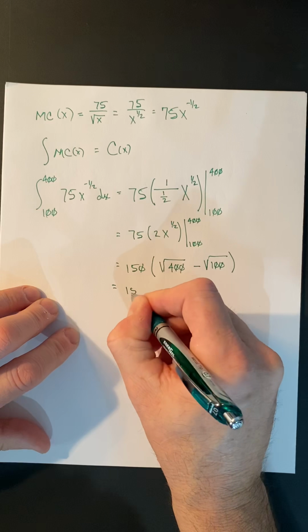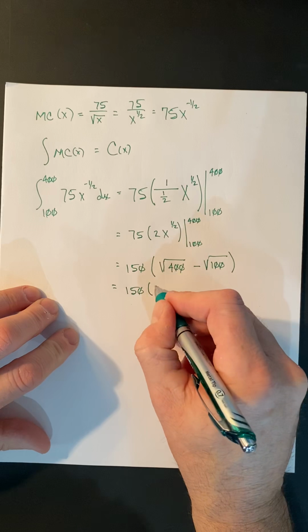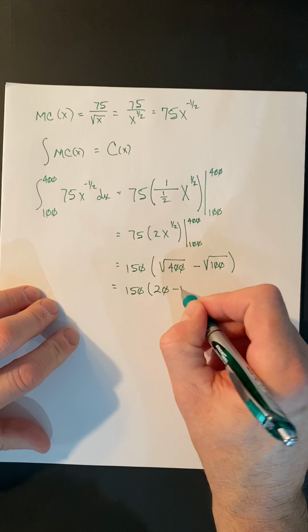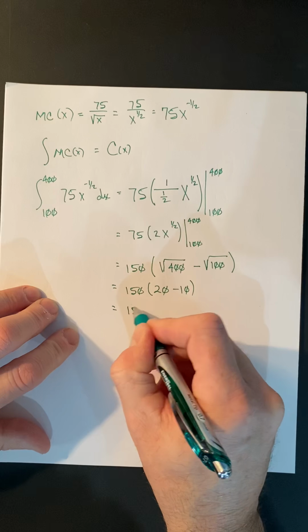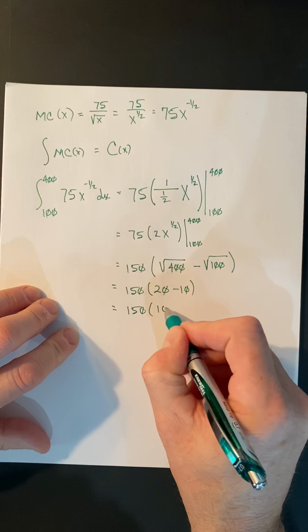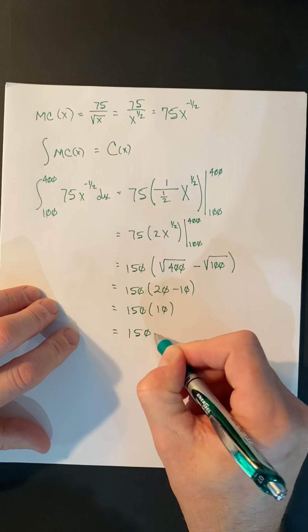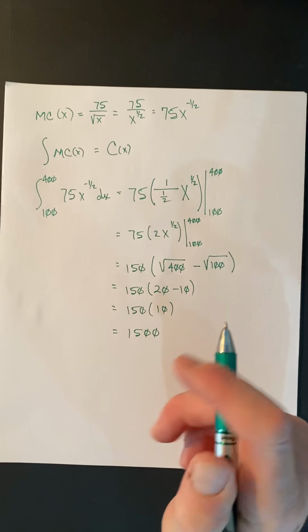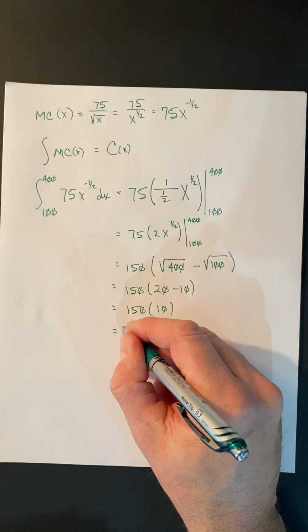So I have 150 times square root of 400 is 20. The square root of 100 is 10. So I have 150 times 10, or 1,500.